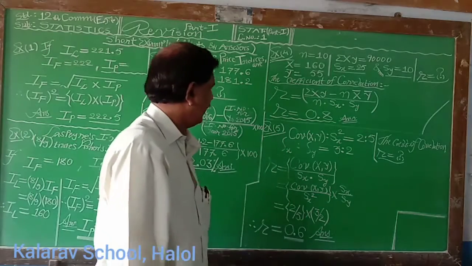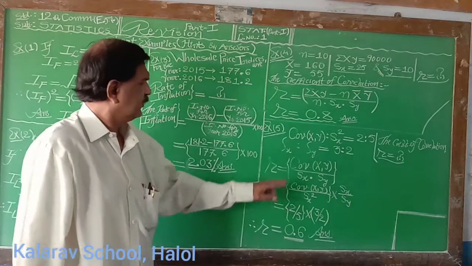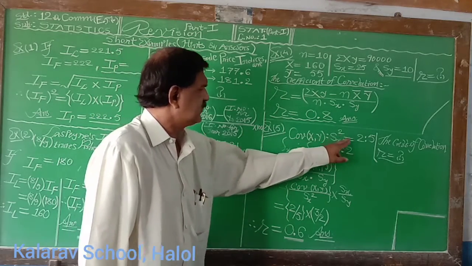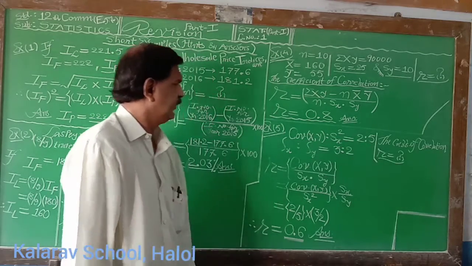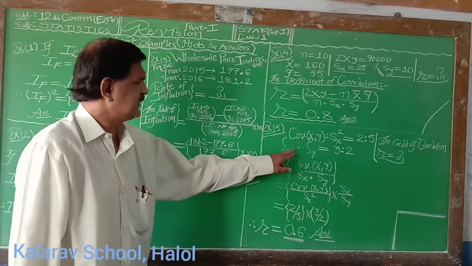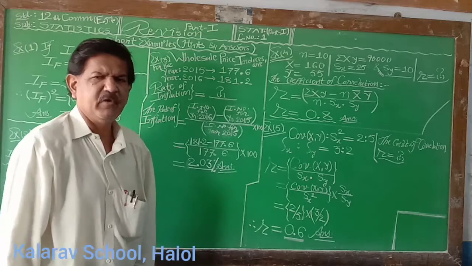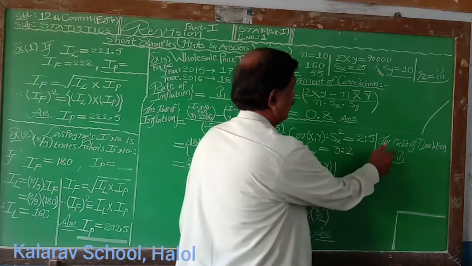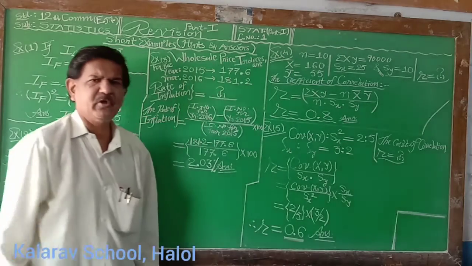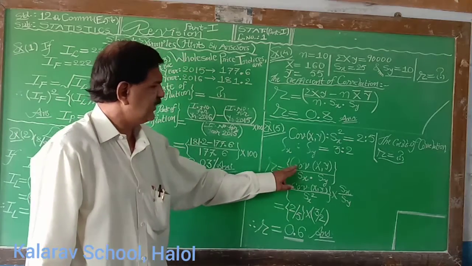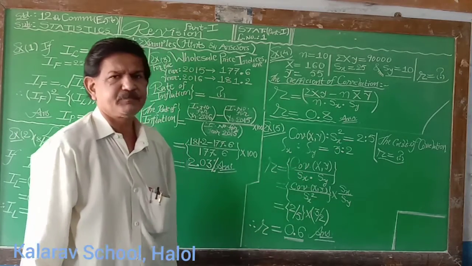Final example, example number 5. The ratio of covariance xy to Sx square is 2 is to 5. And the ratio of Sx to Sy is 3 is to 2. Find out the coefficient of correlation. We know that one of the formulas for calculating the coefficient of correlation is r is given by covariance xy upon Sx into Sy.